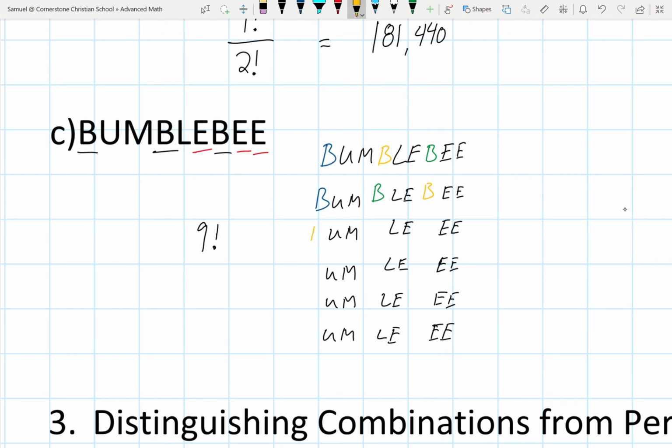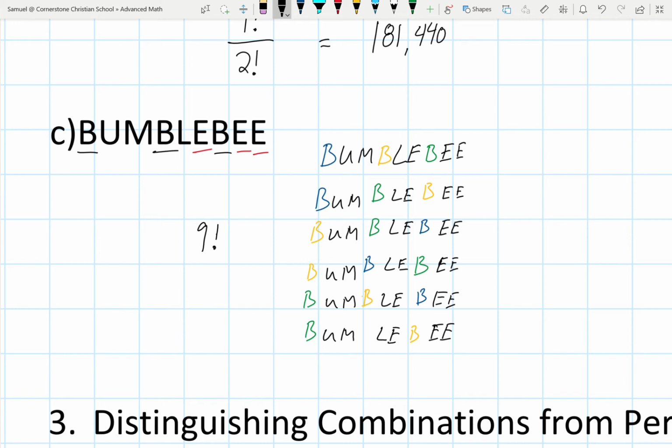Or I could choose yellow first, and then green, and then blue. Or yellow, blue, green. Or I can choose green first, and green, yellow, blue. Or green, blue, yellow.